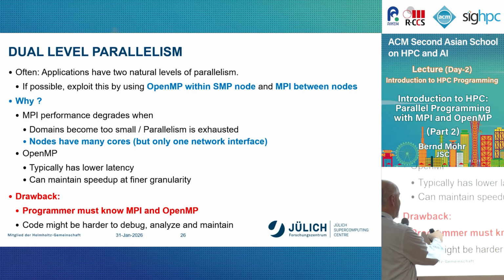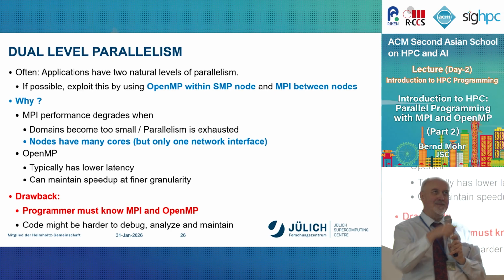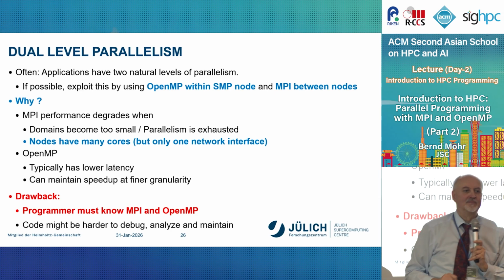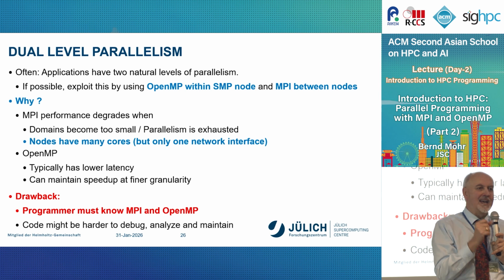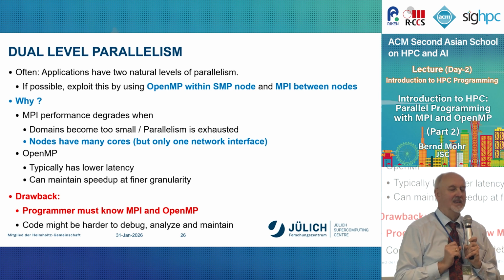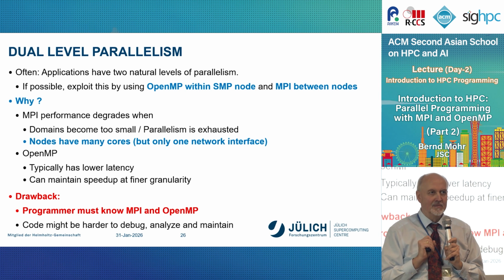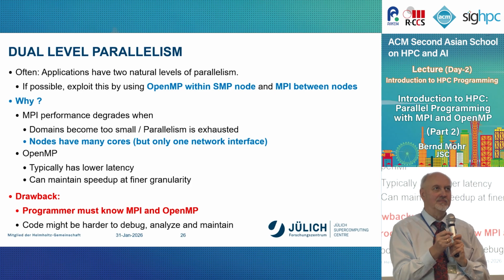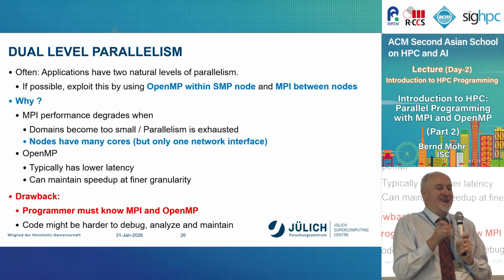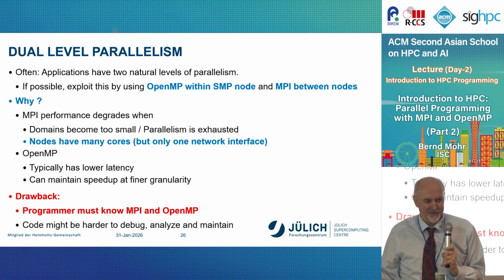The problem is now you have to use MPI and OpenMP. You can make errors in MPI, you can make errors in OpenMP, and you can make errors by combining them. Welcome to parallel computing.